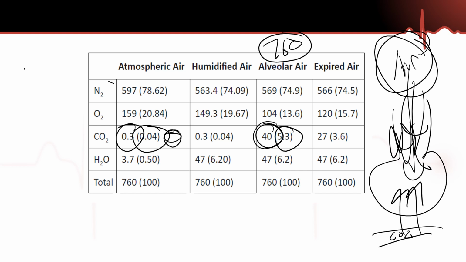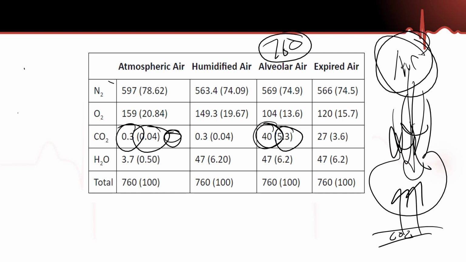Both of those are substantially higher than in atmospheric air. There's basically no carbon dioxide in atmospheric air, and very little water vapor. But since the atmospheric air that comes into the lungs mixes with a whole bunch of water vapor and carbon dioxide, the amount of the air in the alveoli that's made up of CO2 and water is significantly higher.